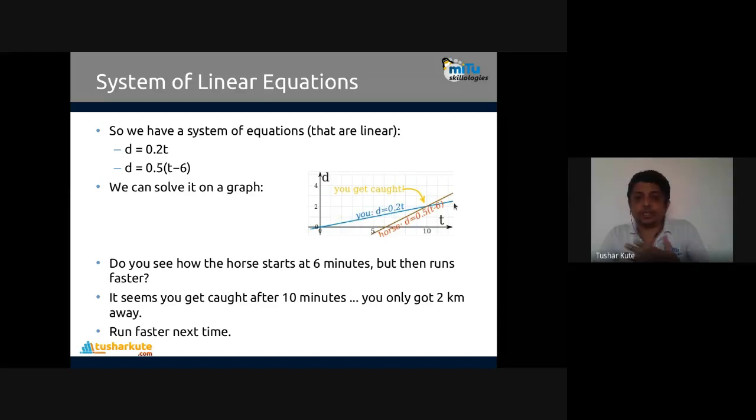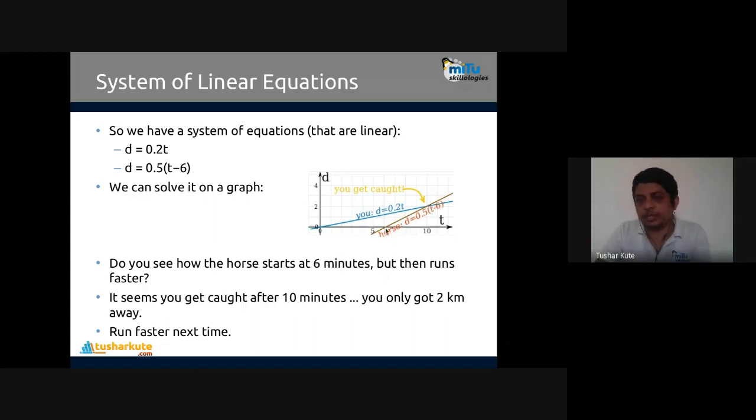And here the horse is lagging behind me 6 minutes. So after 6 minutes I started, but its speed is 0.5, it's 500 meters per minute, that's 0.5 kilometer per minute. That's why the slope is different. For the same reason the slope is different, obviously.